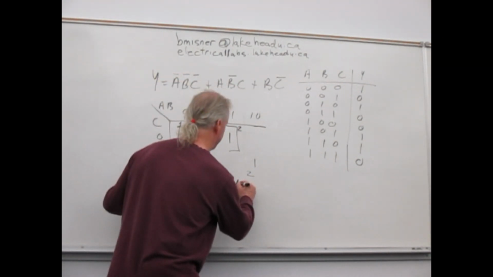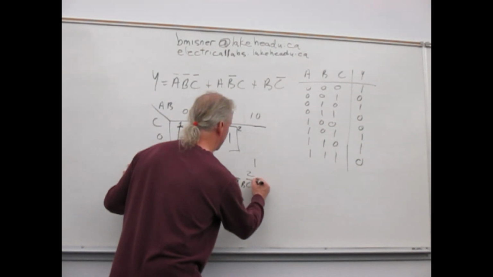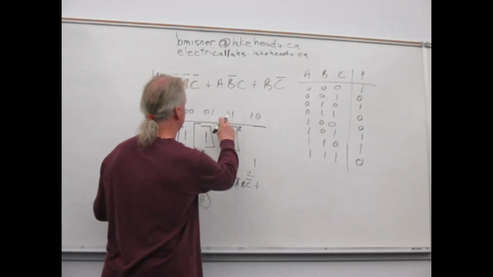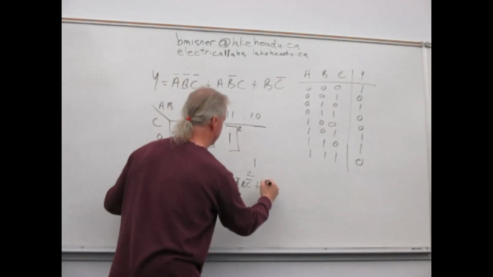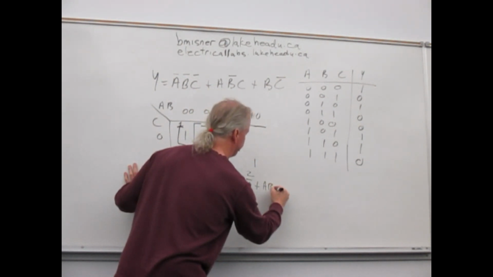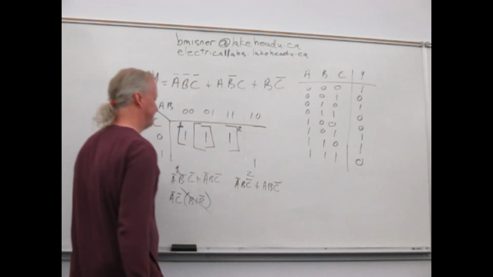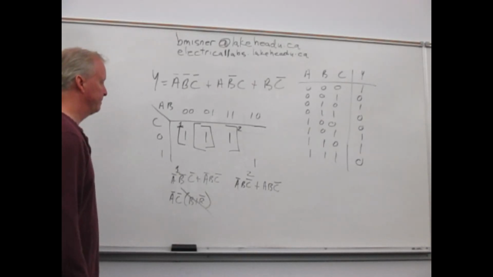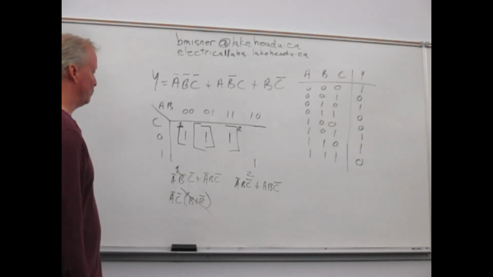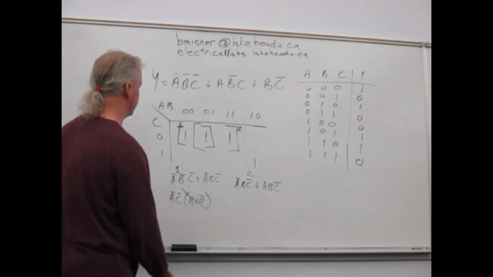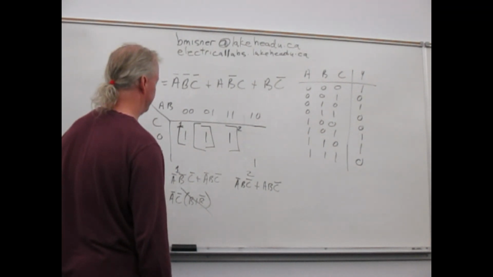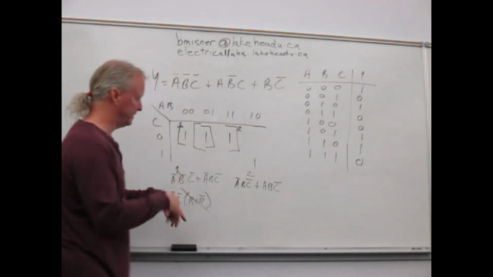Okay, so let's do number 2. This is A bar, B, C bar, or with A, B, C bar. So what can we factor out of this? Oh, no, sorry, that's A. Oh, no, that's right. Okay, sorry.